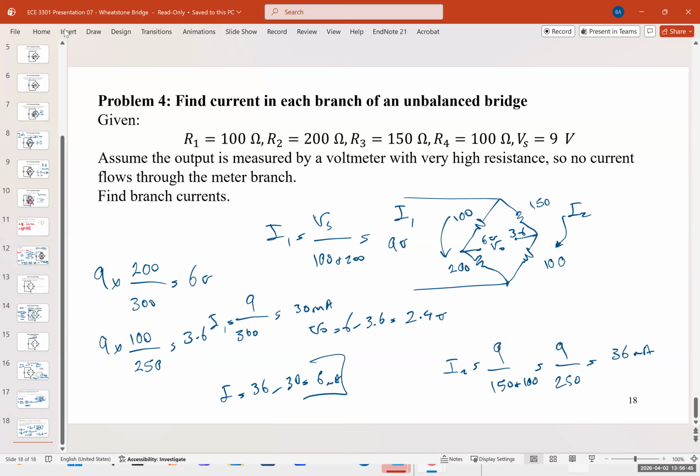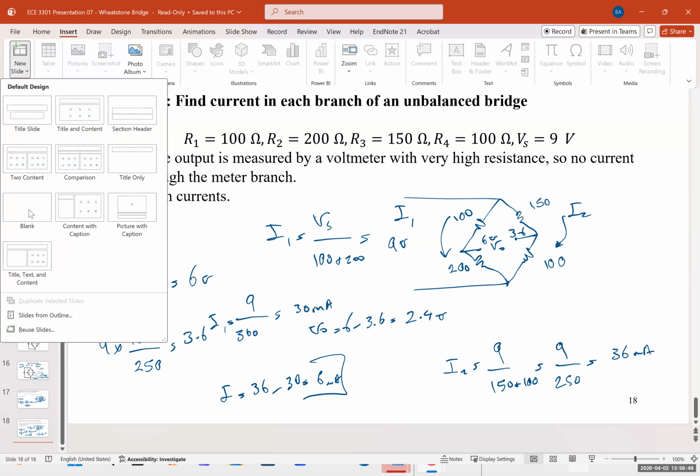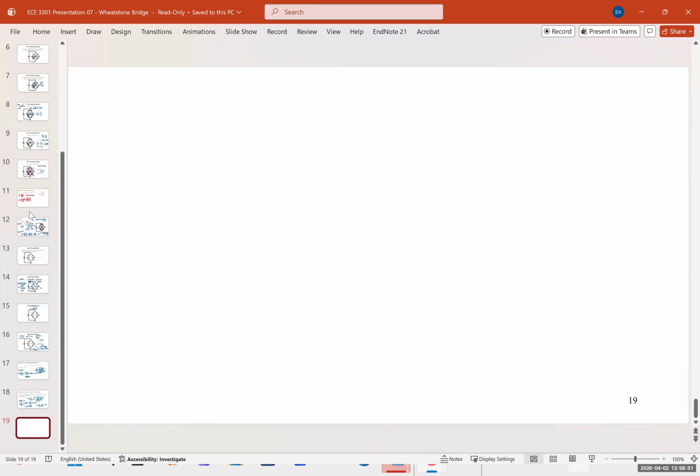I will explain why. Let me give you one, while we have a little bit of time, a nice example of an unbalanced system with a resistor in the middle.